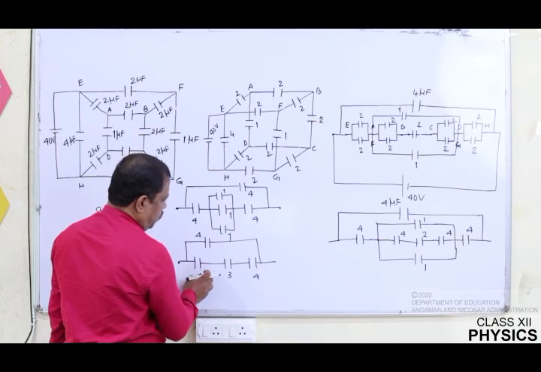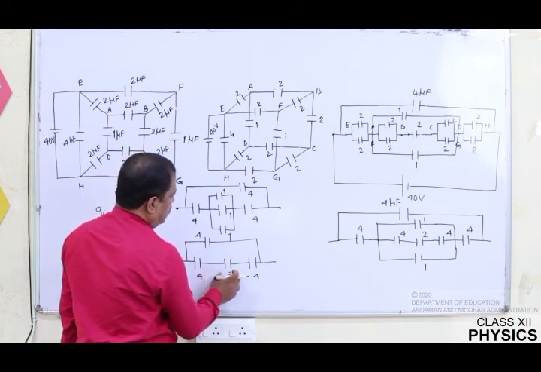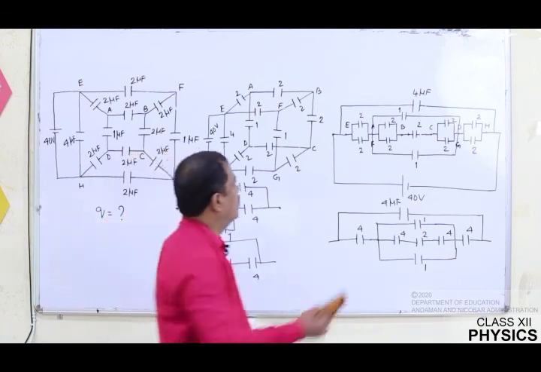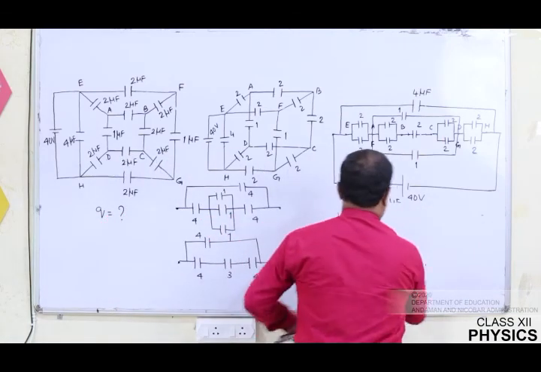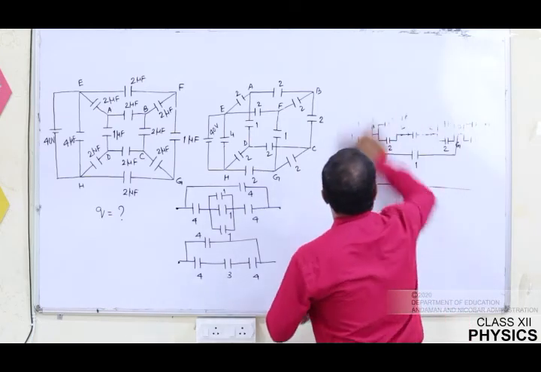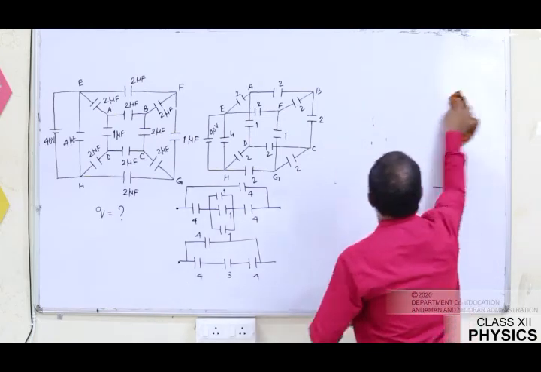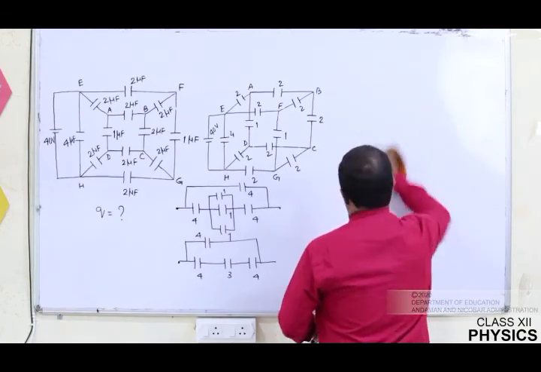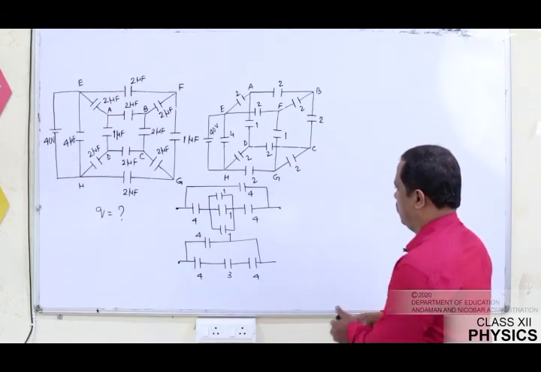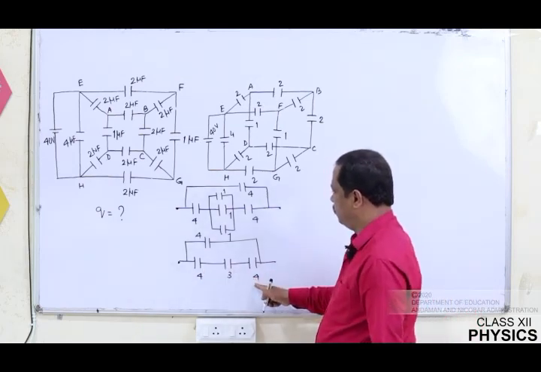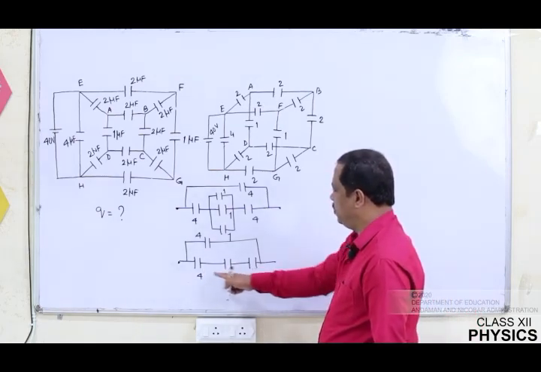So 1 by 4 plus 1 by 3 plus 1 by 4. 1 by 4 plus 1 by 4 is 1 by 2. So 1 by 2 plus 1 by 3.